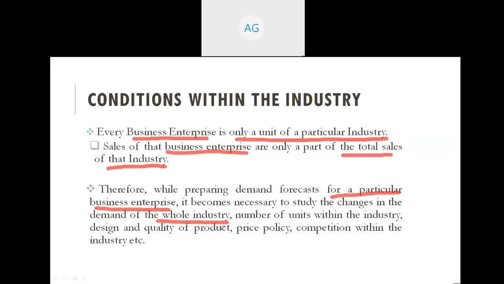So basically, in order to make the demand forecast of a small company, you need to have a large picture related to the whole industry. So number of units within the industry, design and quality of the product which are being used in the current time or in future, then the price policy, then competition within the industry.